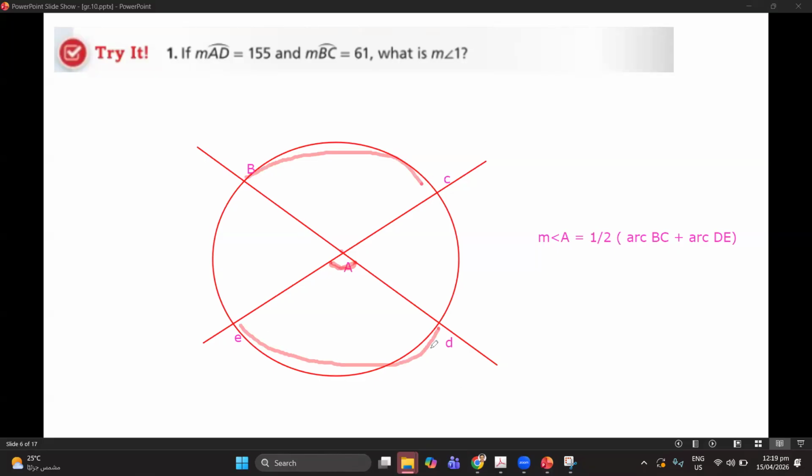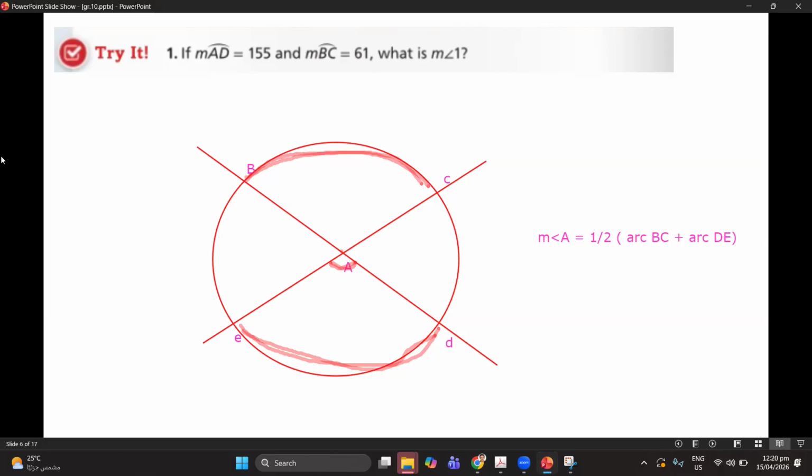And we explained this morning why it is half of them. So the measure of angle A will be the measure of arc BC plus the measure of arc DE, divided by 2. In this case, I'll find the measure of angle A.